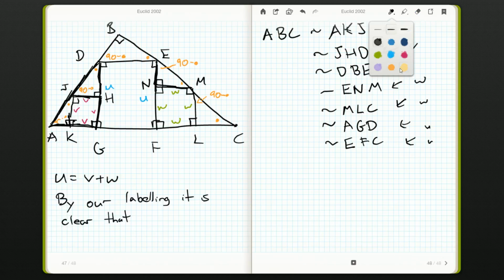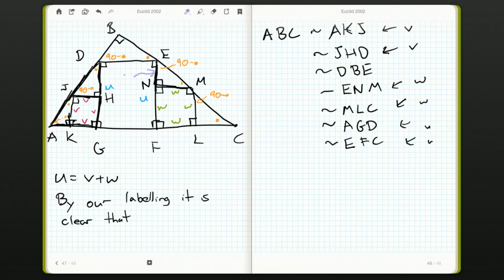So key points of interest, which we'll put in purple, this length right here is U minus W. And this length right here is U minus V. So I'm probably going to want to use GHD and E and M. But I'm a little skeptical as to whether or not I can show DJ is equal to EM.